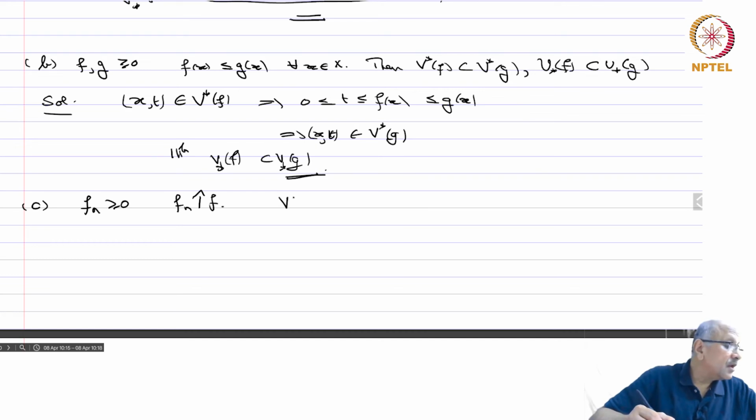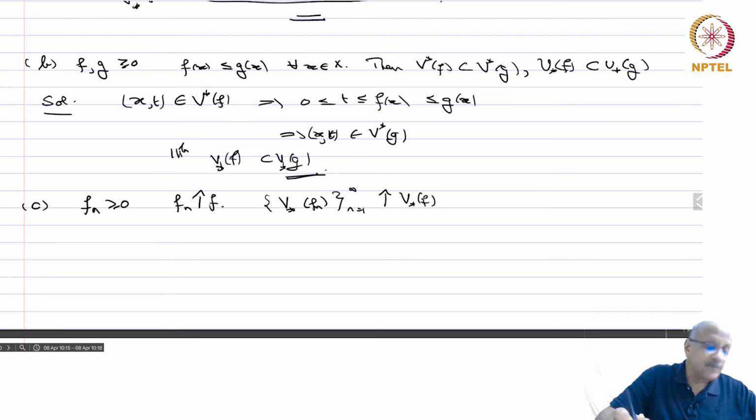Then V sub star f_n, n equals 1 to infinity, increases to V sub star f, and if f_n decreases to f, then V superstar f_n decreases to V superstar f.